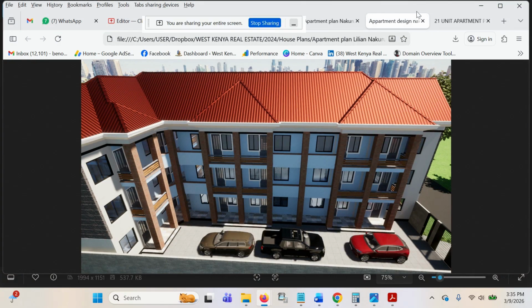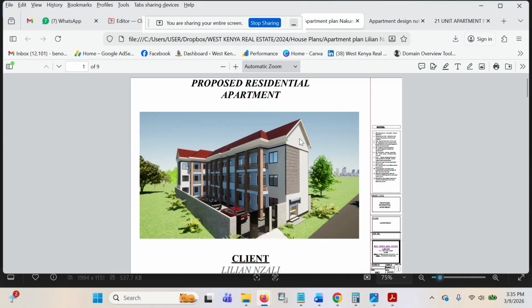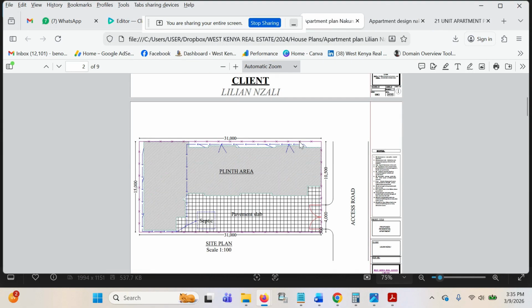Yeah, so let's get to the plan itself. So this is how it looks like. Like I told you, it fits in a plot of 50 by 100. As you can see, this is roughly 15 meters. This is roughly 31 meters based on the size of this particular plot.